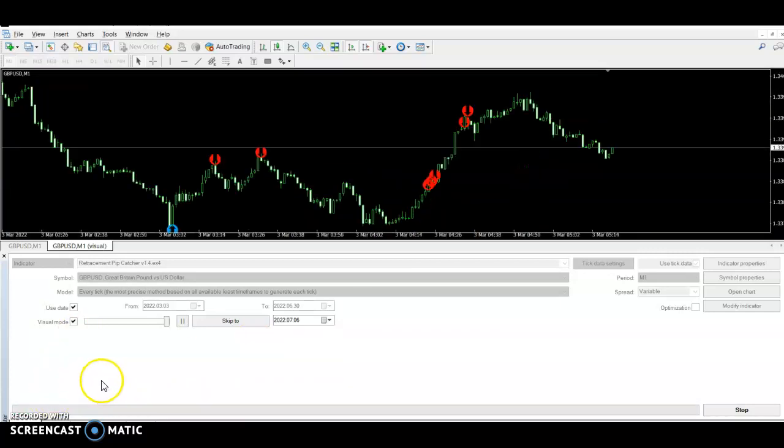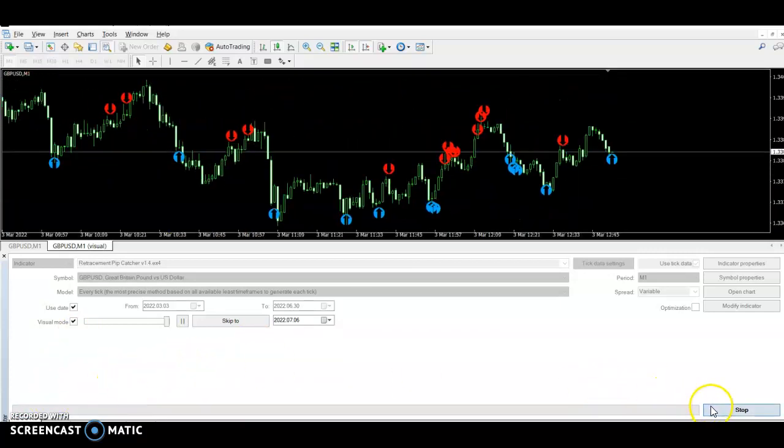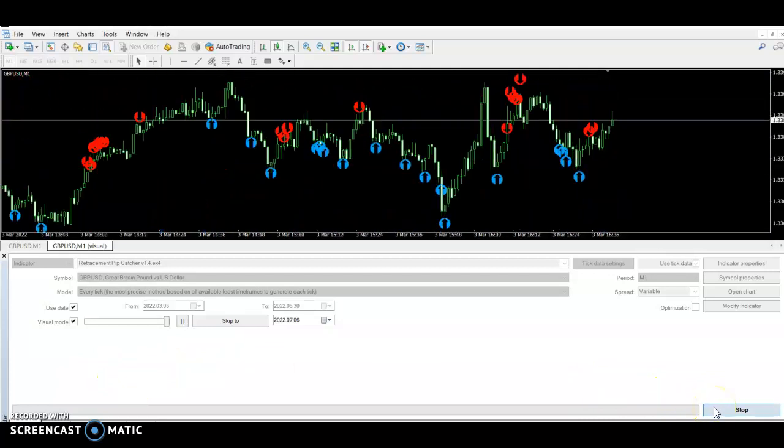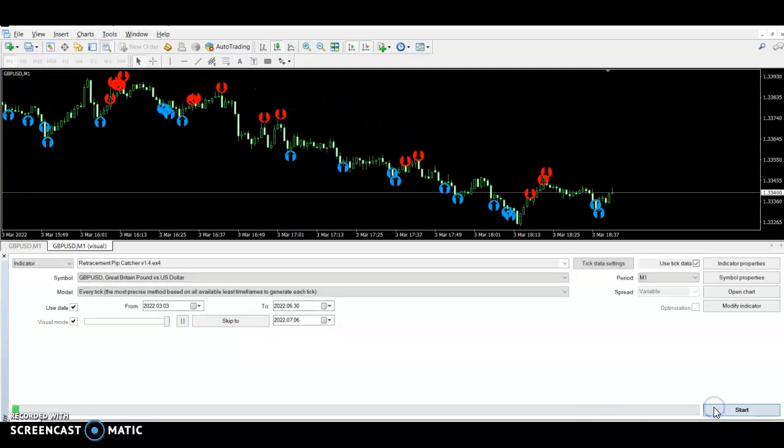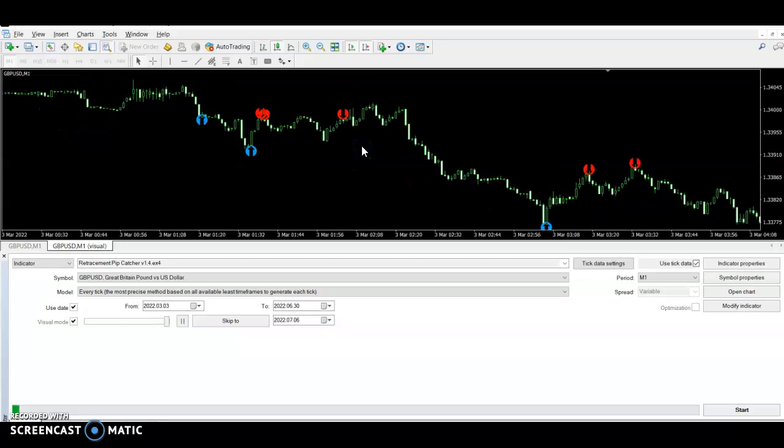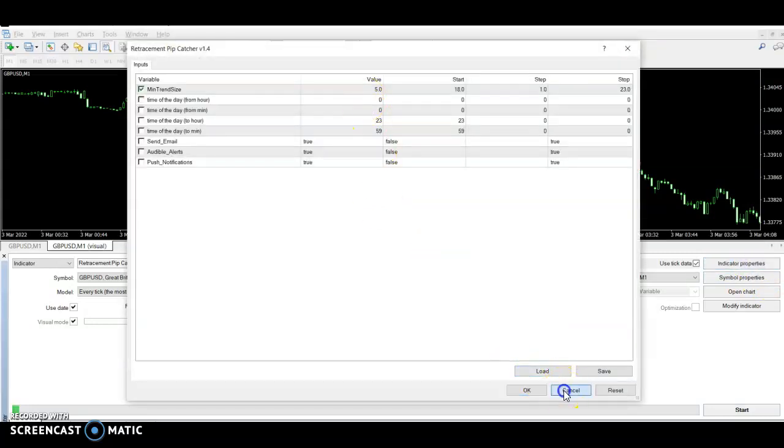What's it doing? Is it working? Yes, there we go. You see there are loads and loads of signals here. Now, what it's looking for is reversals, which have got a minimum trend size, a minimum gap of, was it 5 we set it to? Yes, of 5 pips.